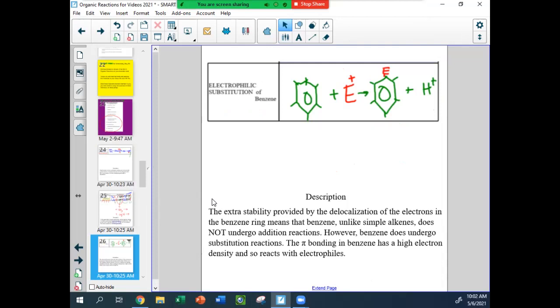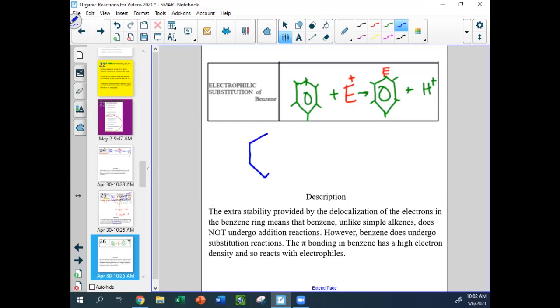Electrophilic substitution is very specific, and you don't need to know a lot about it, but there are times where the benzene ring, remember we can draw these six-sided figures and appreciate the fact that there are hydrogens on every one of these 6 carbons.